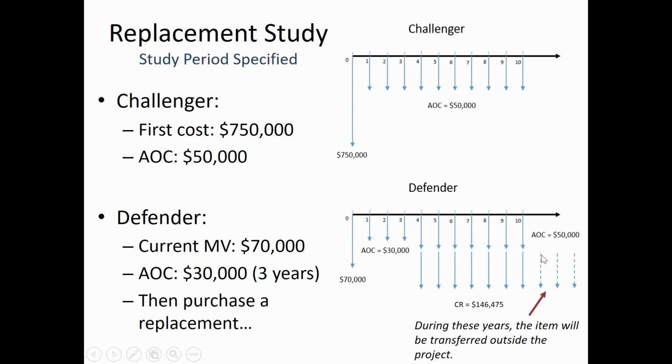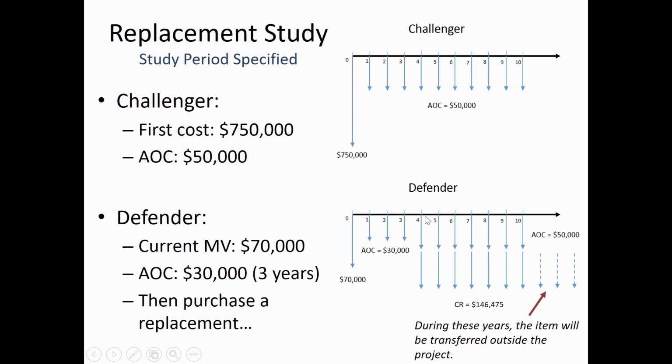A lot of companies have many divisions, and so what we're assuming is that our division of the company will hold the equipment for 7 years, and then that equipment will be transferred to another division of the company that will then assume those capital recovery costs for the remaining 3 years. And you'll also notice that the annual operating costs go up once we take ownership of that new equipment.